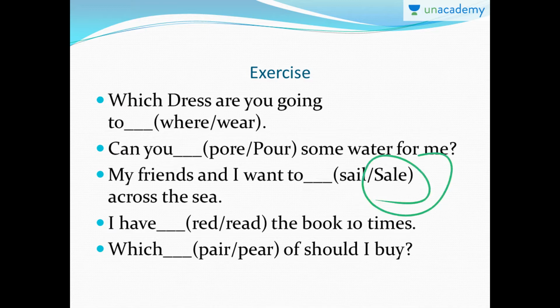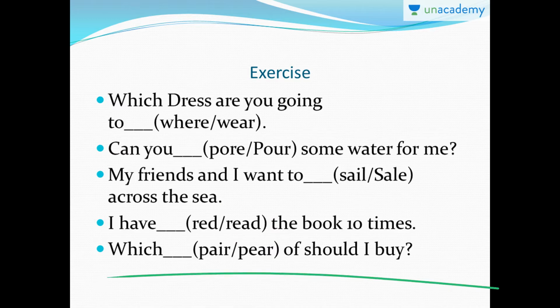Okay. Next one. Sorry. I have read the book 10 times. Read or red. Okay, so red is the color red. Read, red is the past participle read. So in this case, I will use read. Next one. Which pair of shoes should I buy? I'm sorry, I forgot to write shoes. Please add shoes over here.